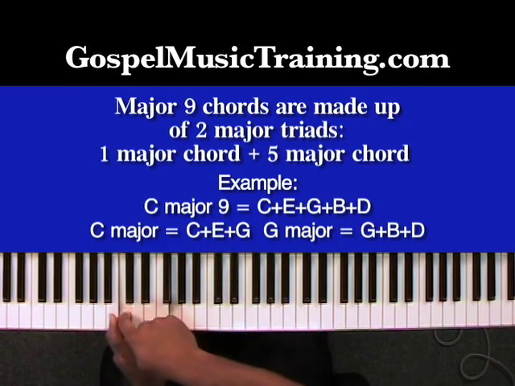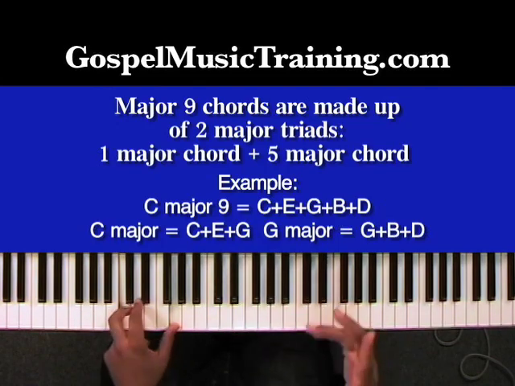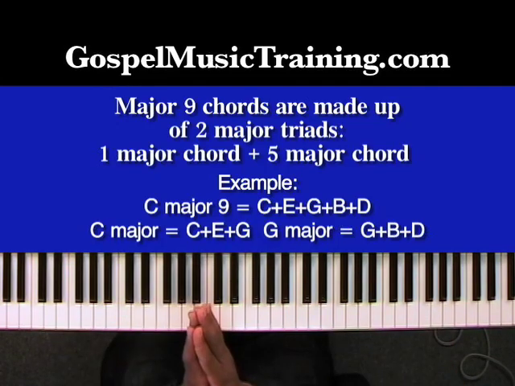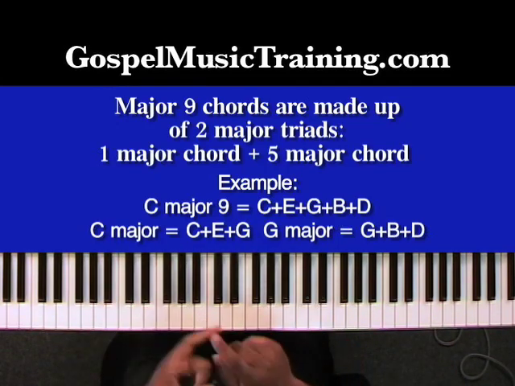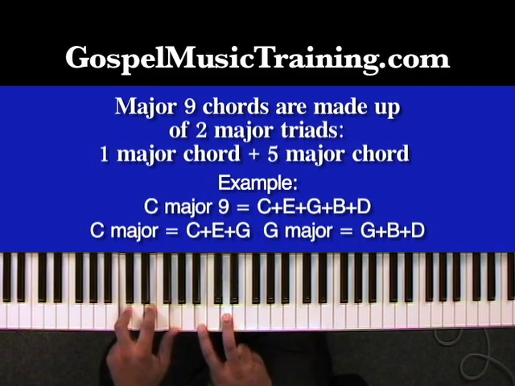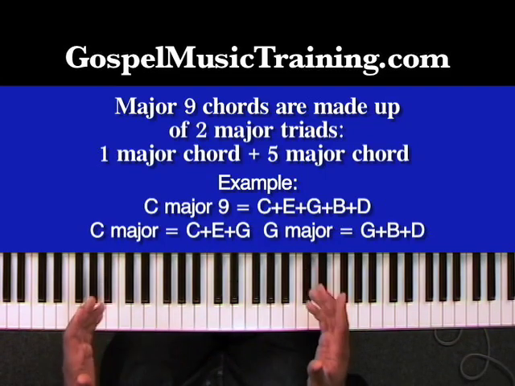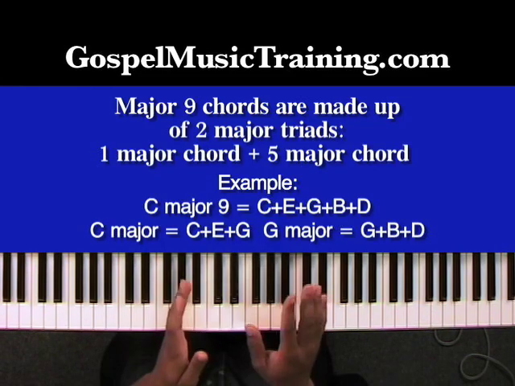So we know it's going to be some type of C major chord and some type of G major chord. But major 9s, you're mixing two major chords together, all right? It's going to be the 1 and the 5. So we got the C major chord and we have the G major chord. And this forms the C major 9, all right? And this is called a polychord. Why? Because we have two major chords mixed together to make one.